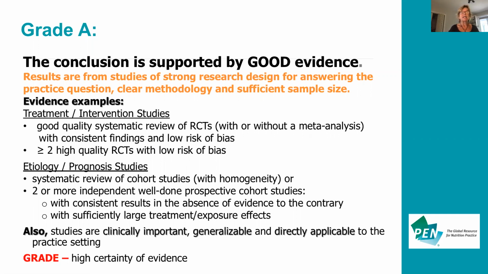So it can be very challenging to get grade A evidence. If the GRADE process was used, if it was high certainty of evidence, it would be considered grade A.